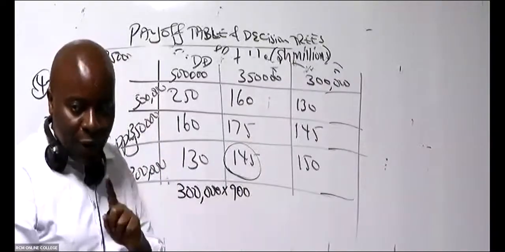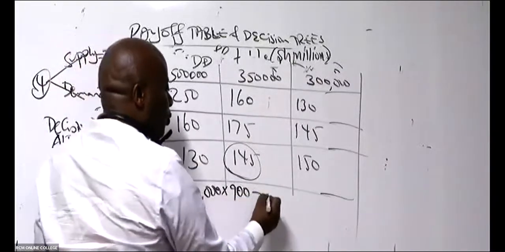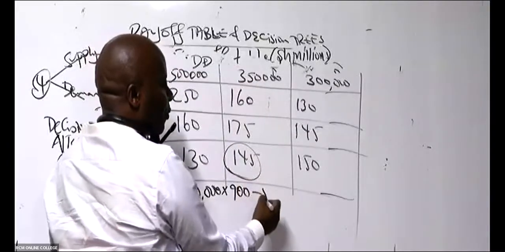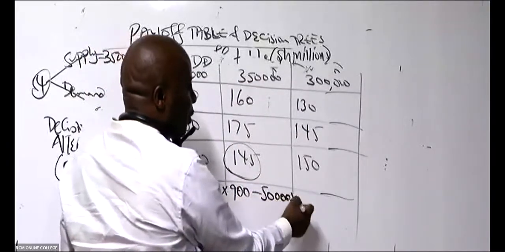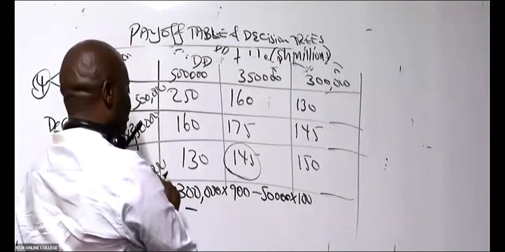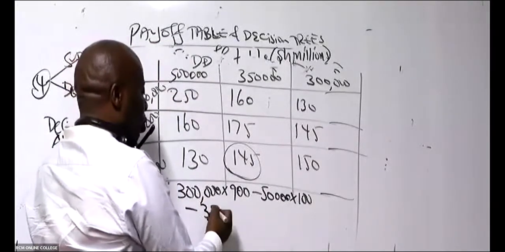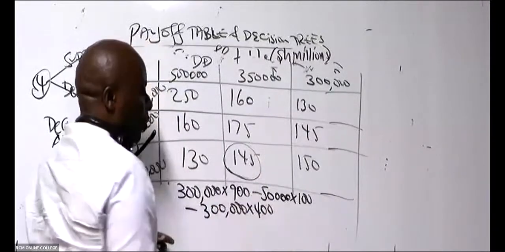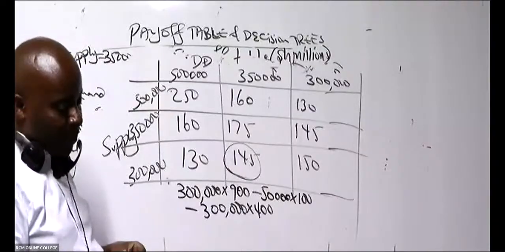But then we have 2 costs. The first cost will be the cost of disappointing customers. How many customers shall we disappoint? 50,000. And for each customer you disappoint, you're losing 100. Minus the total cost of supply. Total cost of supply is 300,000 times, we know that we incur 400 for supplies.